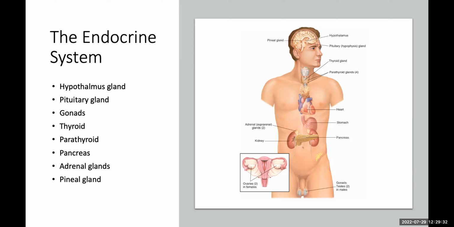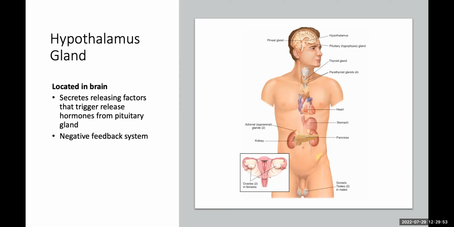I'm sorry, not the parathyroid. Pituitary gland, thyroid, pancreas, and adrenal glands. Those are going to be our concentration. This is the picture of the anatomy. I'm not going to explain that to you.